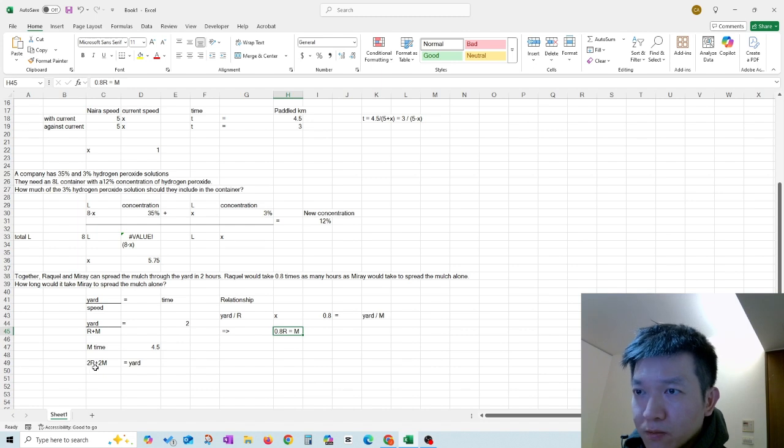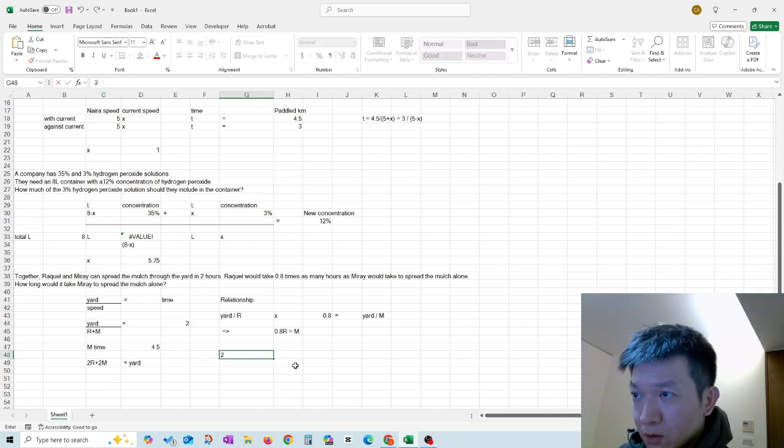All right, so what is the total yard work? We can find it in here, right? You take it over to here, 2r plus 2m. But this time we're switching the m to 0.8 r, so plus 0.8 times 2 is 1.6 r.